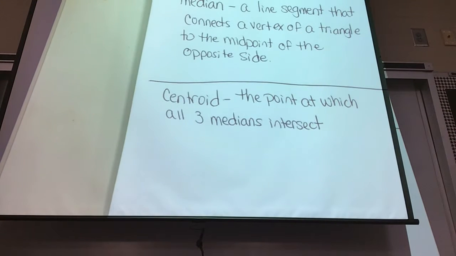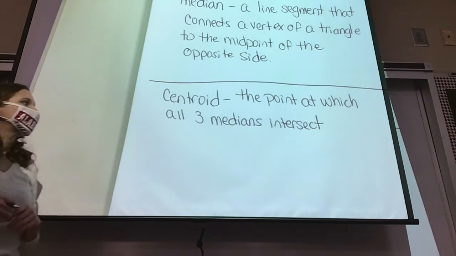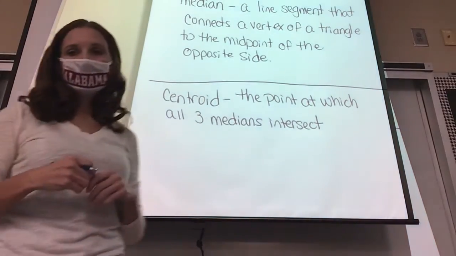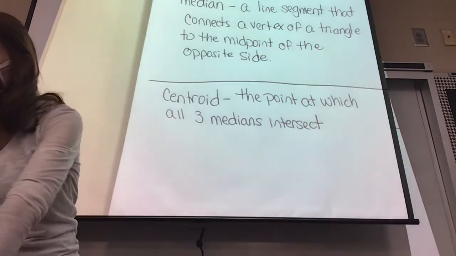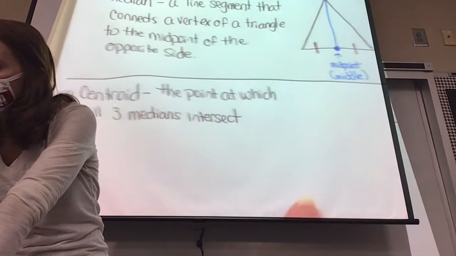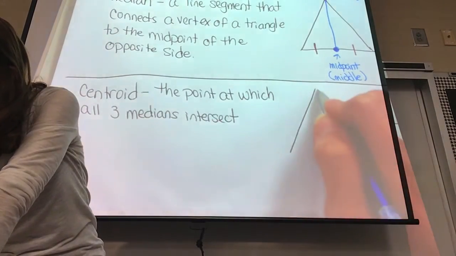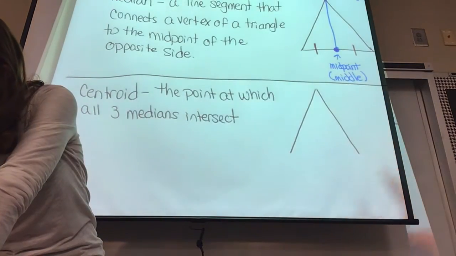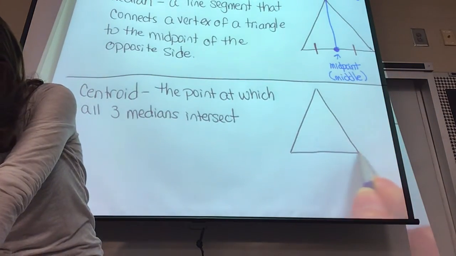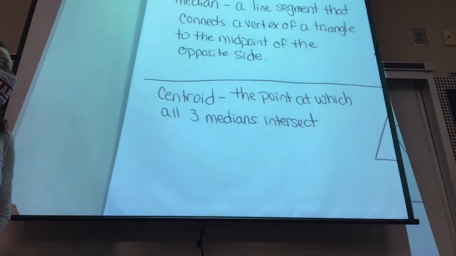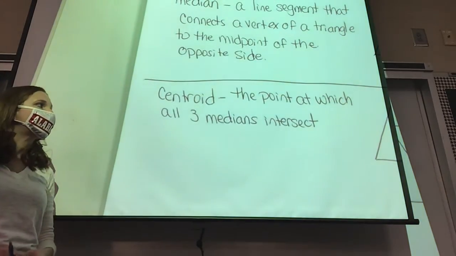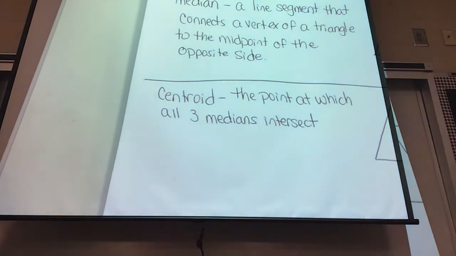We're going to have medians, but the centroid is going to be the center here. So I'm going to draw another triangle. Does not matter how big, how small. And I'm going to show you the point at which all three medians intersect.